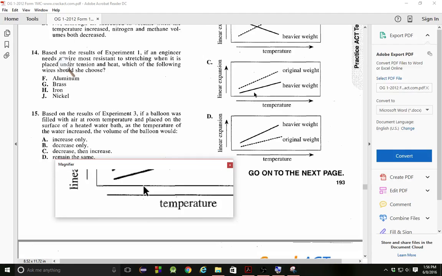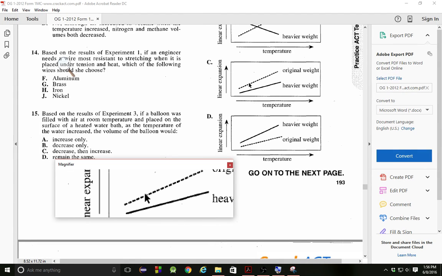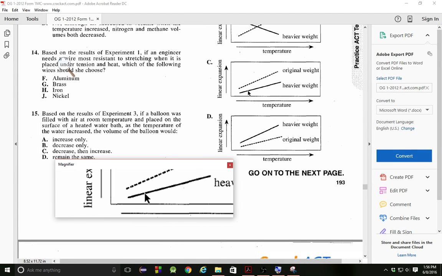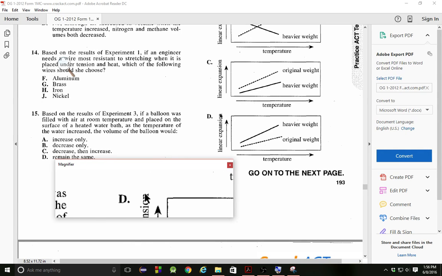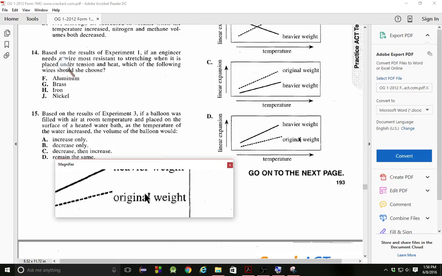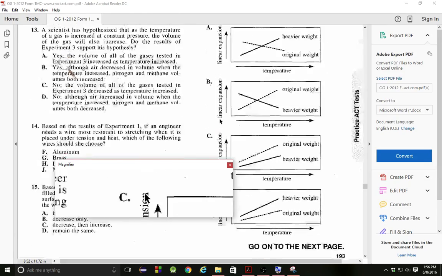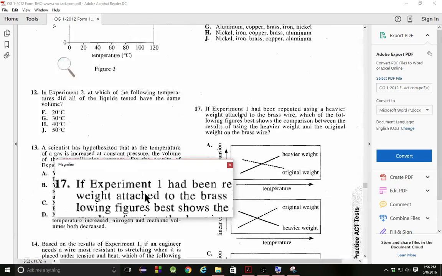Now this is where you have to think physics. From what I understand, a heavier material would make the linear expansion greater because that's a heavier mass pulling on a certain material. So obviously that would make it stretch. So the answer, I believe, is D. Let's check that. 17.